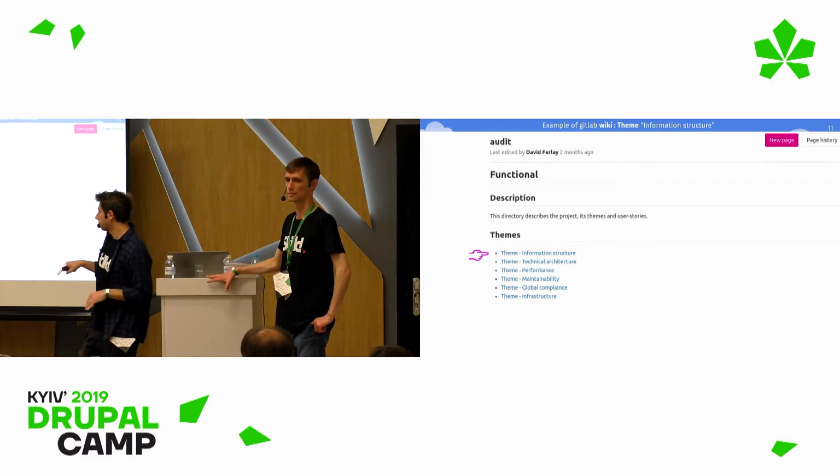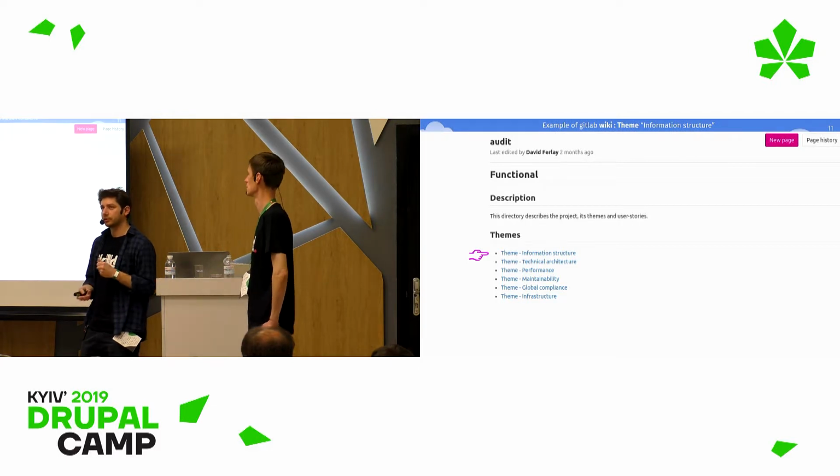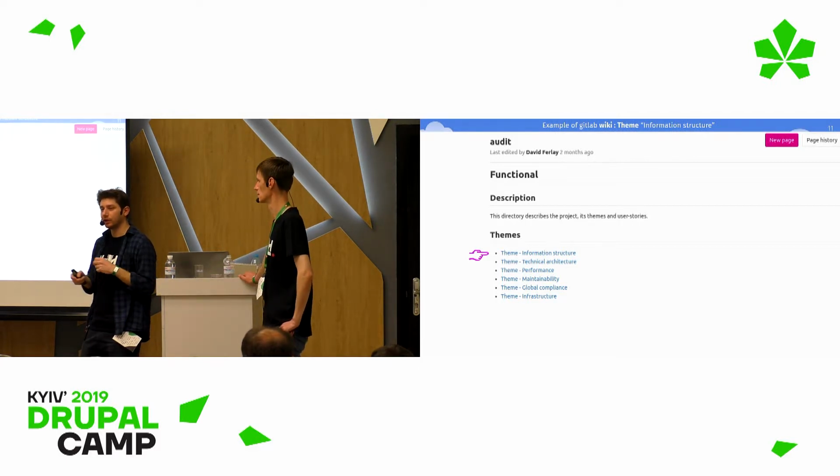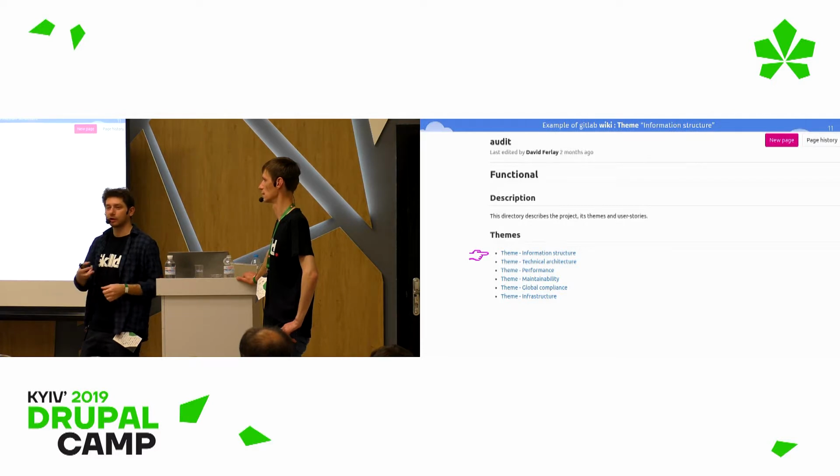Then we have performance. That is more about whether the website has the easy steps that are usually found for improving performance, like setting up a TTL for the cache lifetime and enabling aggregation of CSS and JavaScript files, all this kind of thing.